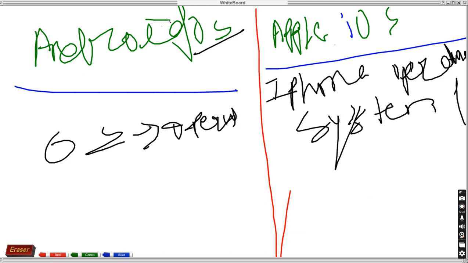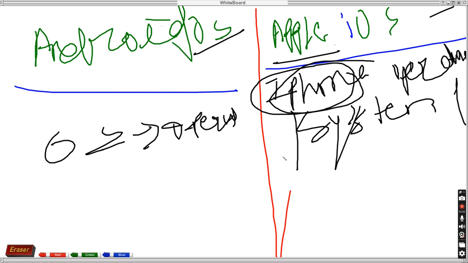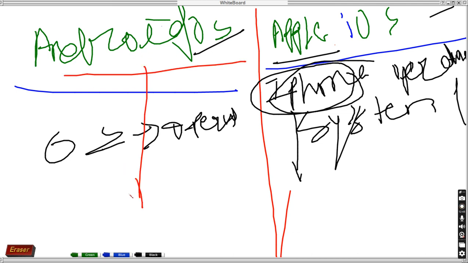The difference is Android OS is the simple Android application we use in our daily lives, and Apple iOS is not used by everyone because it is costly. iPhone is basically costly, we cannot purchase it easily, but we can purchase Android phones.